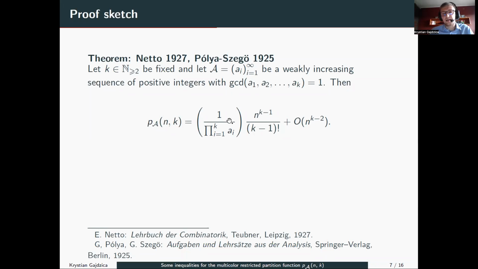So it is like a polynomial of degree k-1. Actually, the multicolor restricted partition function is not a polynomial, but a quasi-polynomial. So it can be defined by different polynomials on different residue classes modulo the least common multiple of a1 up to ak.